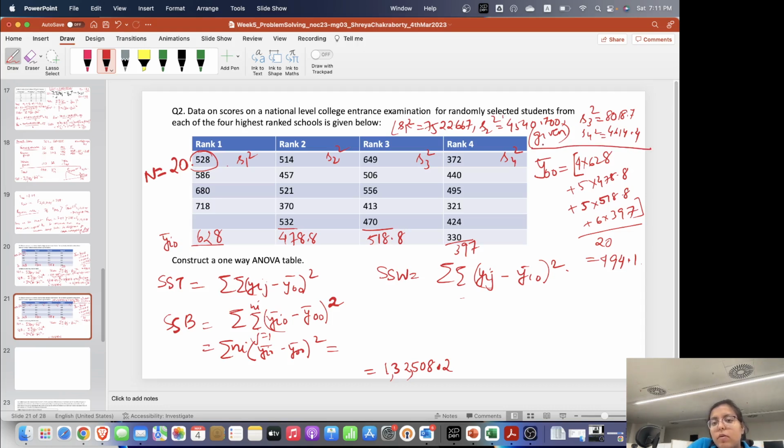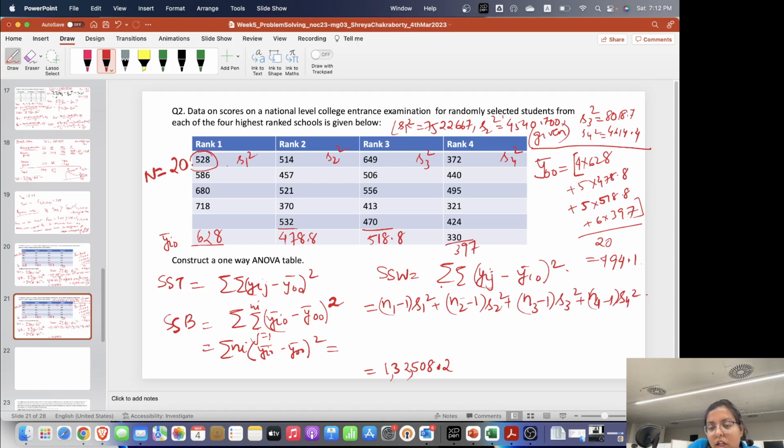Then from this information, how are you going to find the sum of squares within? This is nothing but (n1 minus 1) into s1 square plus (n2 minus 1) into s2 square plus (n3 minus 1) into s3 square plus (n4 minus 1) into s4 square.